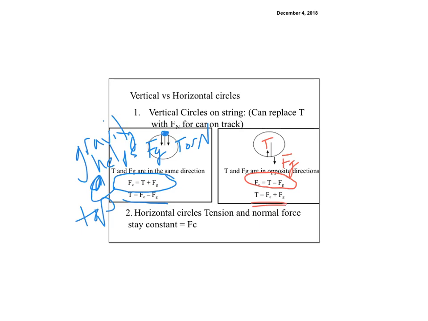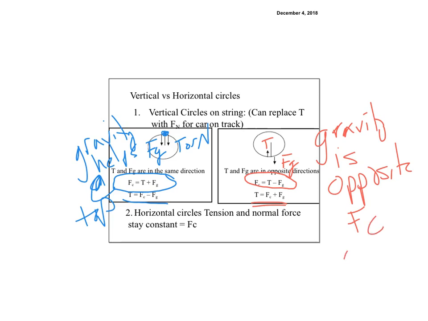And in this case, gravity is opposite FC at the bottom. That's the concept. So if it's going to break, it's more likely to break at the bottom than at the top, because tension is a lot more at the bottom than at the top of a vertical circle.